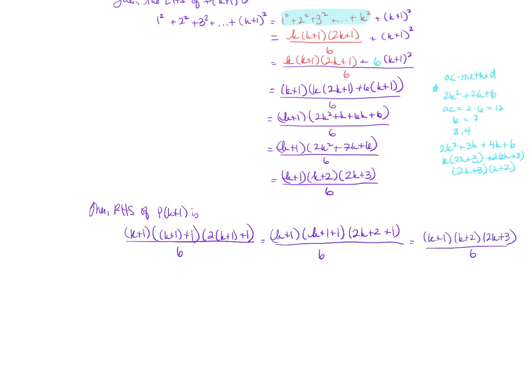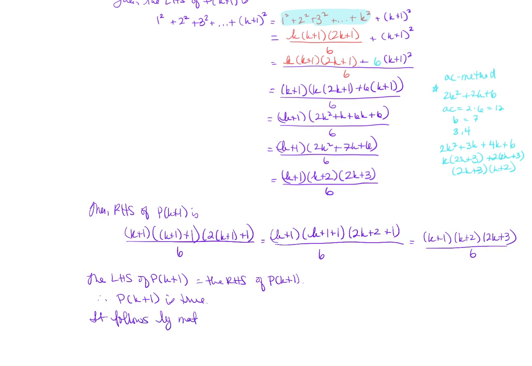So we would say the left-hand side of P of k plus 1 equals the right-hand side of P of k plus 1. So therefore, P of k plus 1 is true. And it follows by mathematical induction.